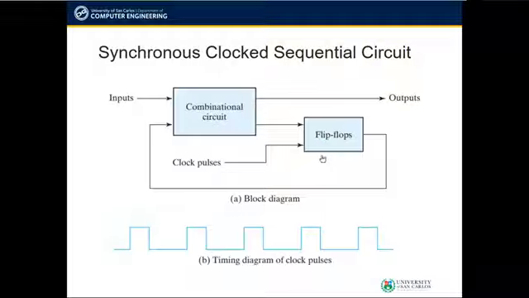These memory elements are provided clock pulses for synchronization, and these clock pulses come from a clock generator. The clock pulses are in the form of a periodic train or a series of oscillating values of ones and zeros, and may look like this, where the low value of the graph is 0 and the high value of the graph is 1.